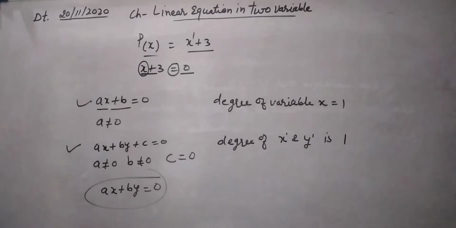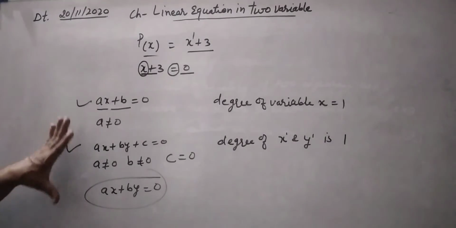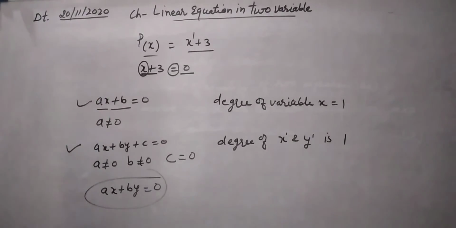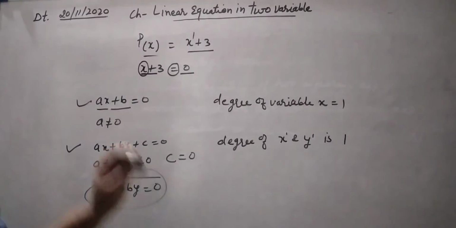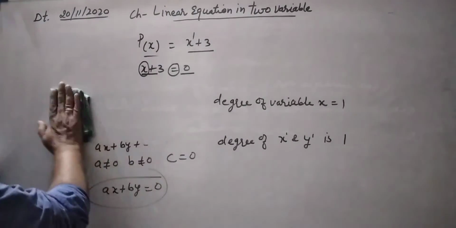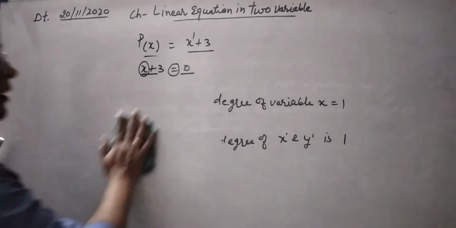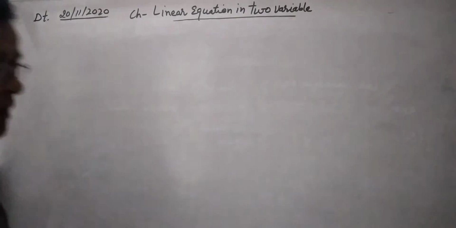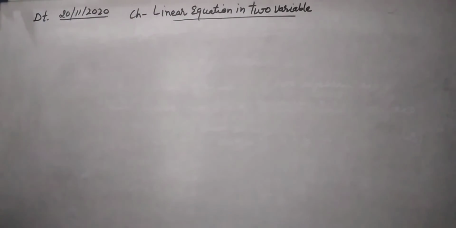So this way we can express a linear equation in one or two variables. Do you understand how we write a linear equation and why these equations are known as linear? The equation whose variable has degree 1 is called a linear equation. If it involves only one variable, it is a linear equation in one variable. If it involves two variables, then it is in two variables.